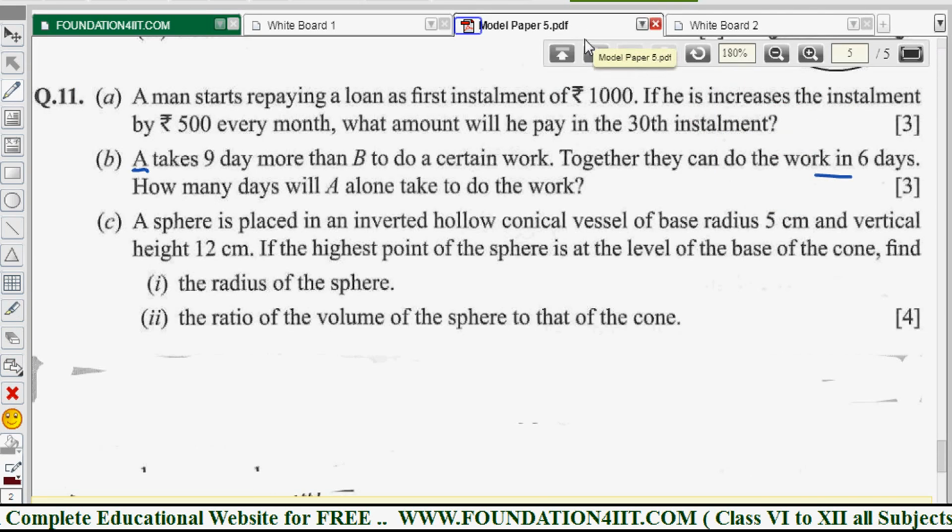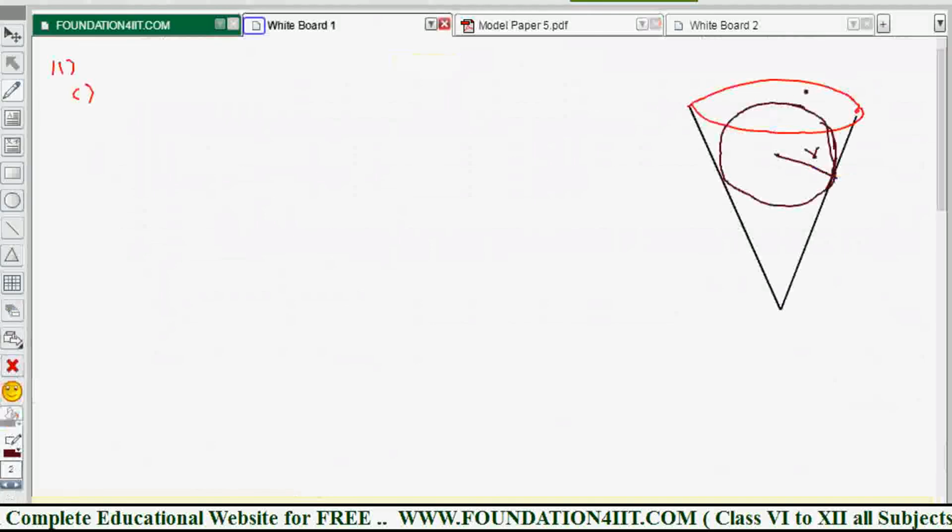And according to the question, base radius is 5 centimeters and vertical height is 12 centimeters. This is 5 centimeters from here to here, and vertical height is 12 centimeters. Radius and height, if you know, you can find out the slant height. This is simple.